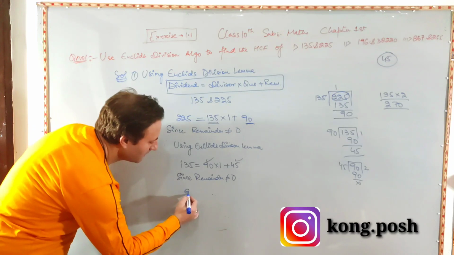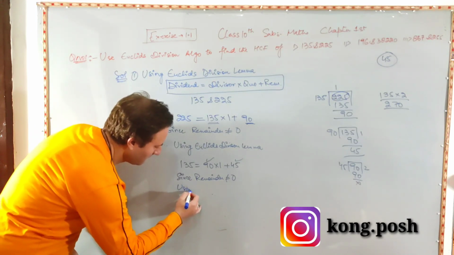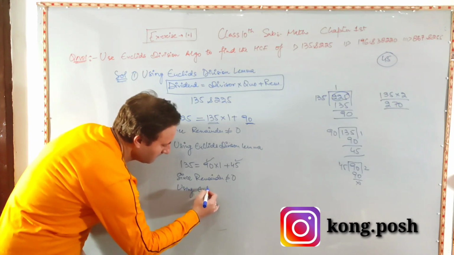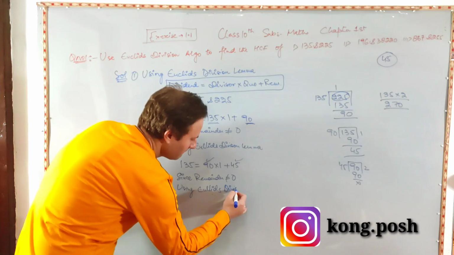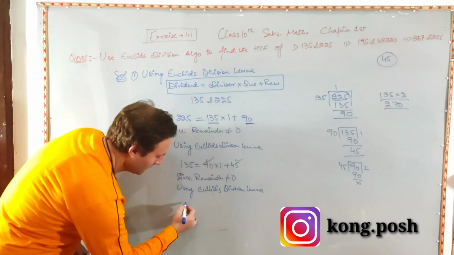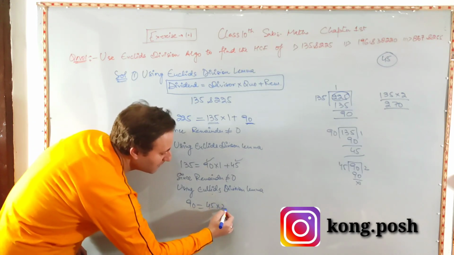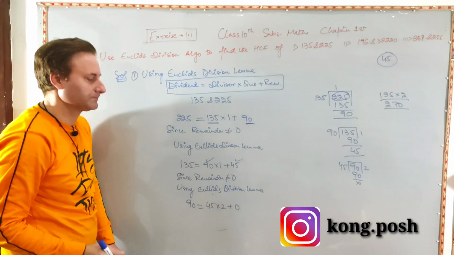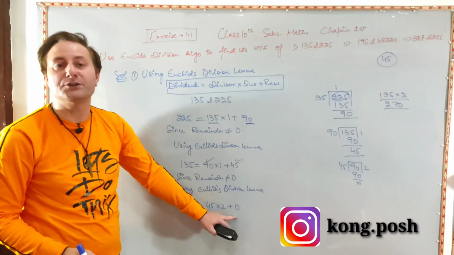So I will write, using Euclid's division lemma, 90 is equal to 45 multiplied by 2 plus 0. Right? Now I have got the 0. That means I need to stop here.